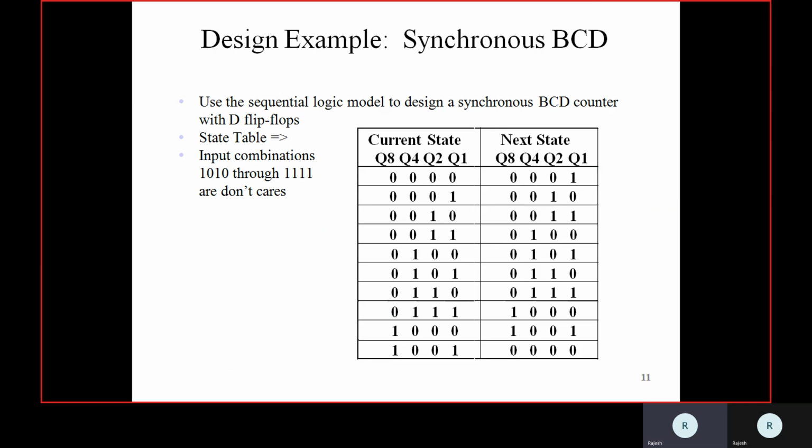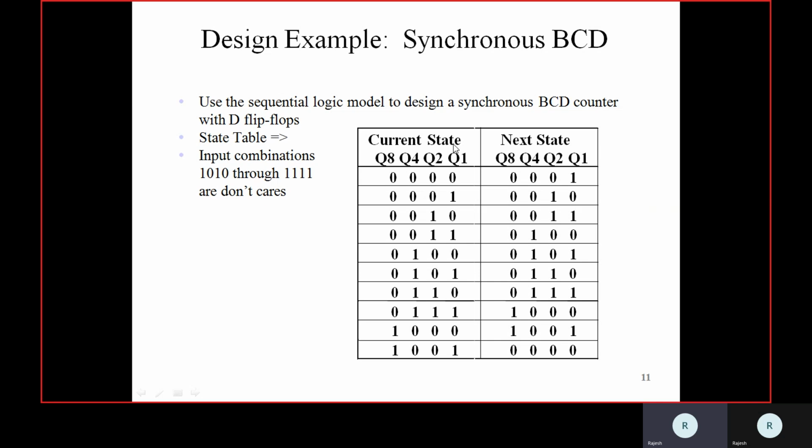So the synchronous BCD counter. BCD itself is telling us it can count up to modulo 10, that is 0 to 9. So the combinations from 1010 to all ones are not considered, they are don't cares.